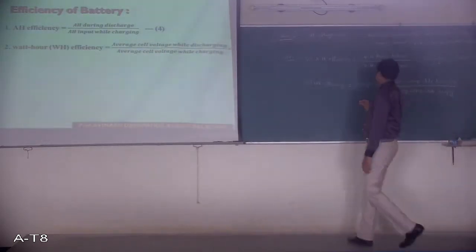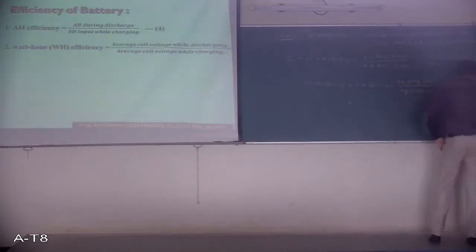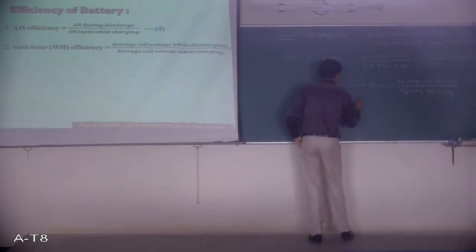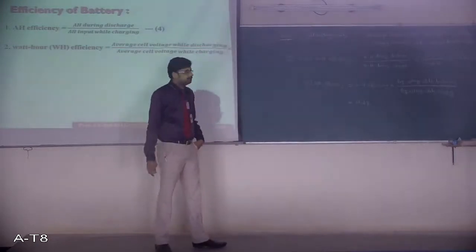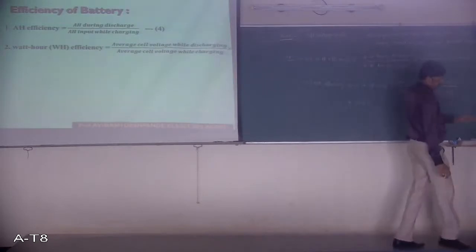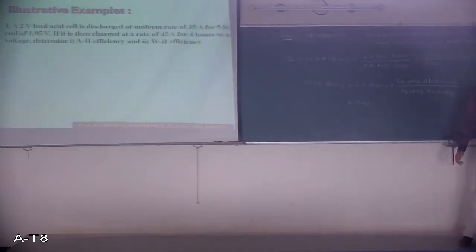Now we have calculated the ampere hour efficiency already. It is 97.2%. Multiplied by the average voltage while discharging. Just go through the problem statement.